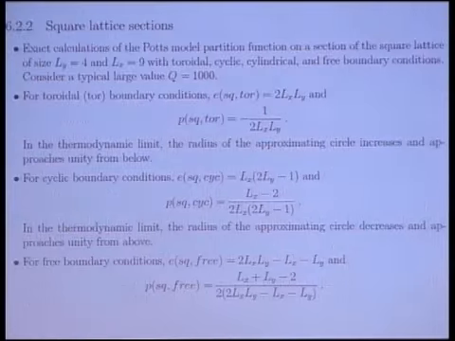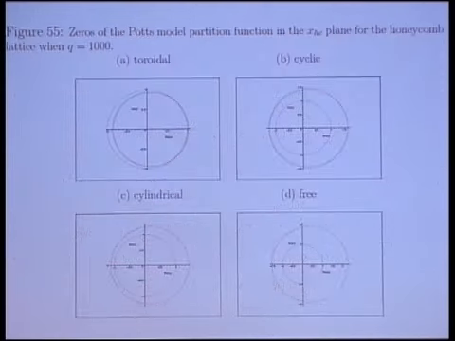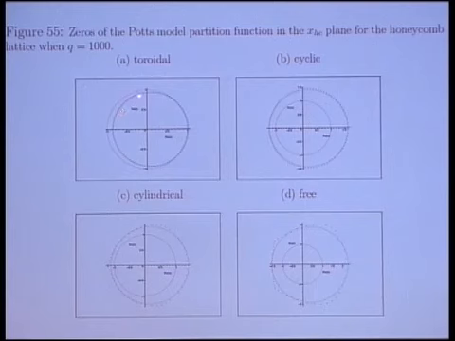We find these approximations are very good for the triangular lattice. The zeros shift to the left, but the approximated location from those simple expressions gives a very good estimation of the location of zeros, and of course it's best for the toroidal boundary condition. For the honeycomb lattice, the zeros shift to the right a little bit, but again we have a very good estimation for the location of zeros.